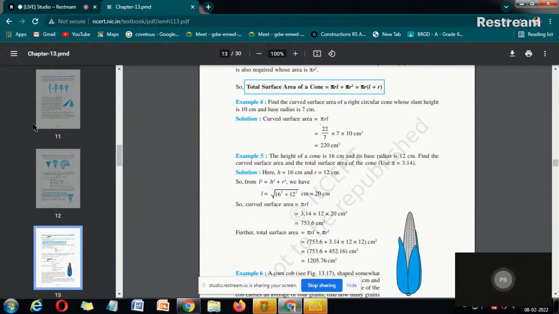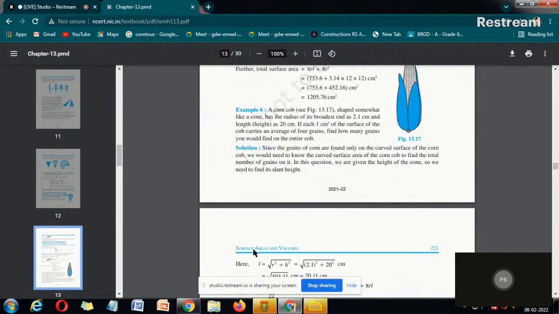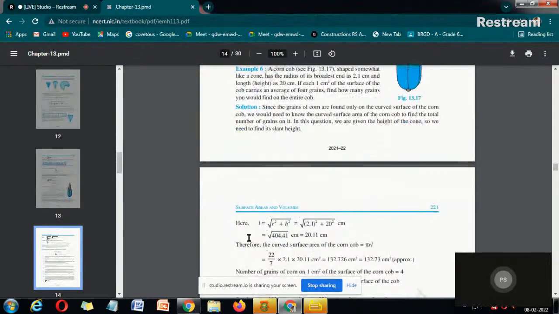Going with our example 6, what does our example 6 say? Since the grains of a corn are found only on the curved surface area of the cone, we need to know the curved surface area of the cone to find the total. In this question, we are given the height of the cone, so we need to find its slant height. So slant height l equals root r square plus h square.